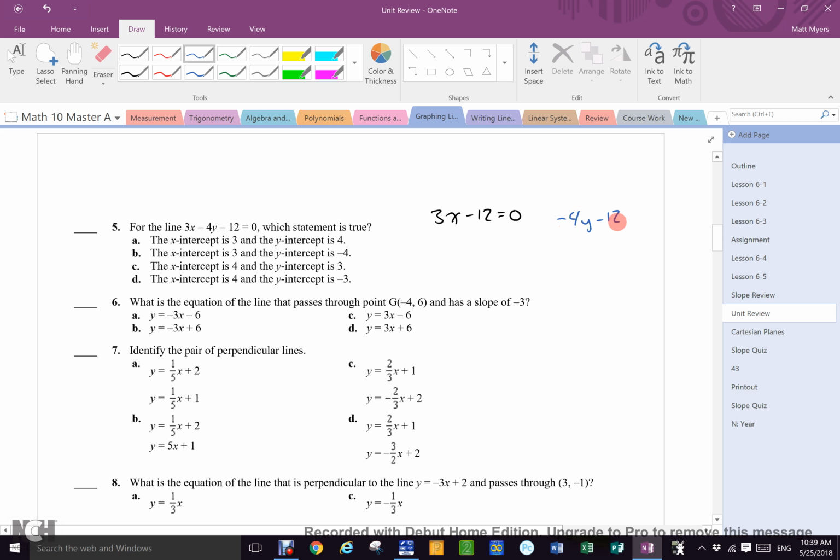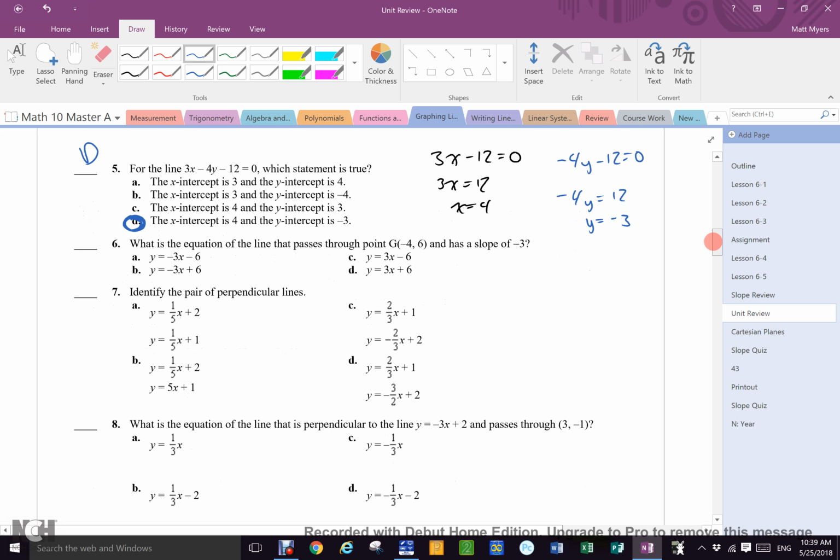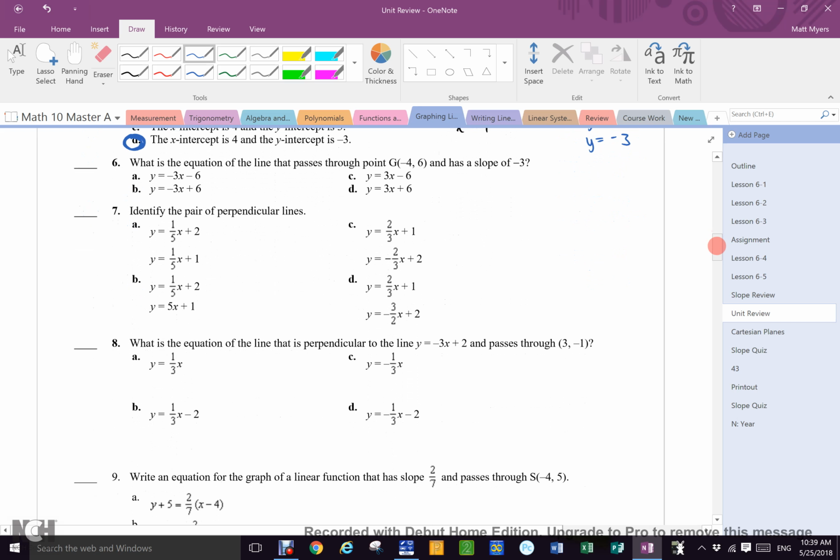Negative 4y minus 12 equals 0. Solve them. 3x equals 12. X equals 4. Negative 4y equals 12. Y equals negative 3. X is 4. Y is negative 3. D, as in done like dinner, because I know what I'm doing. Sweet alliteration.